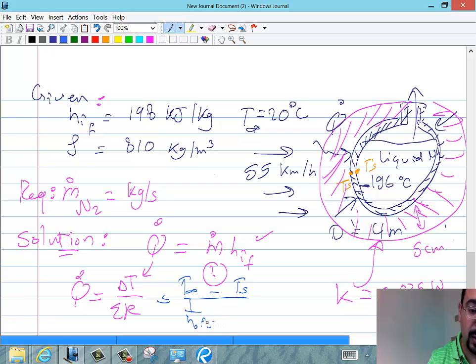We cancel this. So H out, area out, plus the insulation spherical wall, and that was R2 minus R1 over 4 pi K R1 R2. Right? We are almost there now.